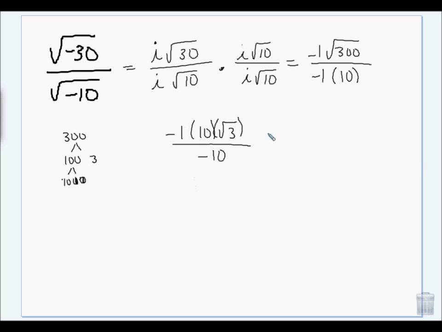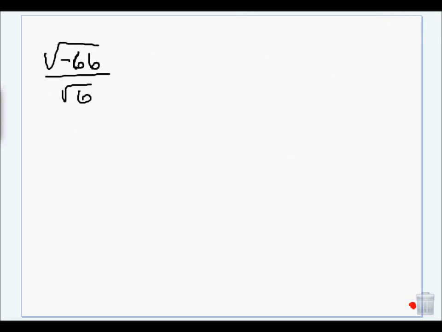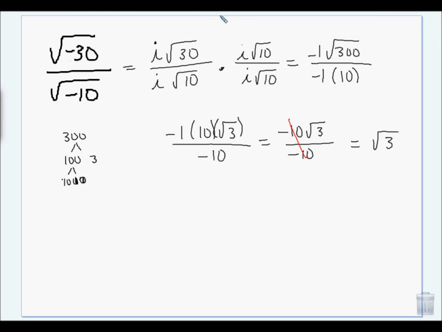Well, negative 1 times 10 is negative 10. And they cancel each other out, leaving me just with root 3. Is there a shortcut to that one? No. It almost works, because you think negative 30 divided by negative 10 is positive 3. Yeah, because that's what it ended up being. But it's not always the case.